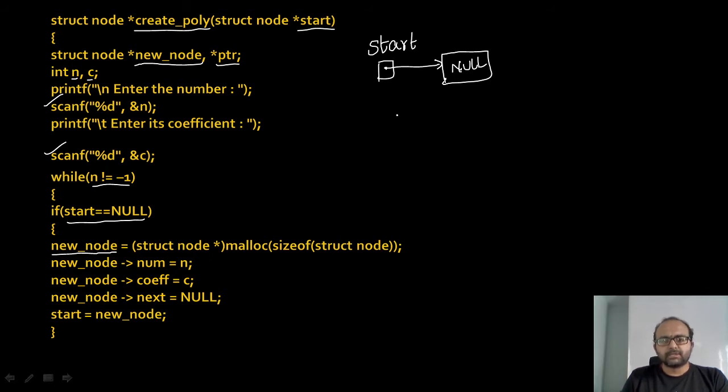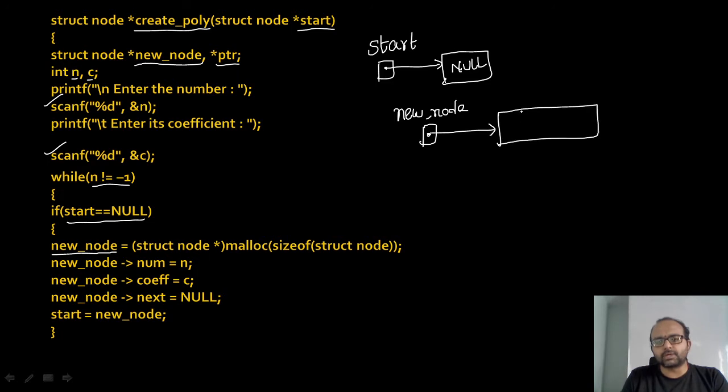You can observe new_node will be the newly created pointer pointing to the newly allocated node. This node again contains the following parts: num, coefficient, and next, which is a pointer.